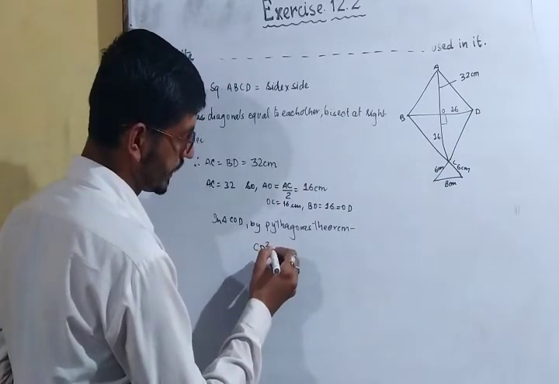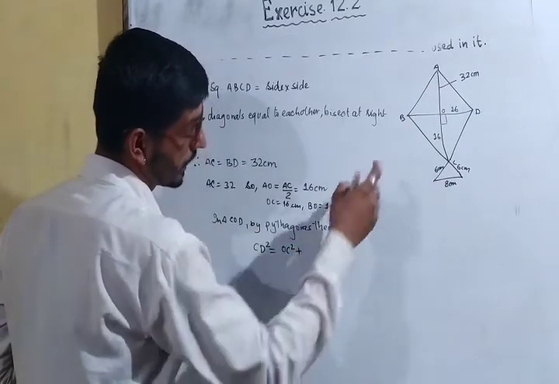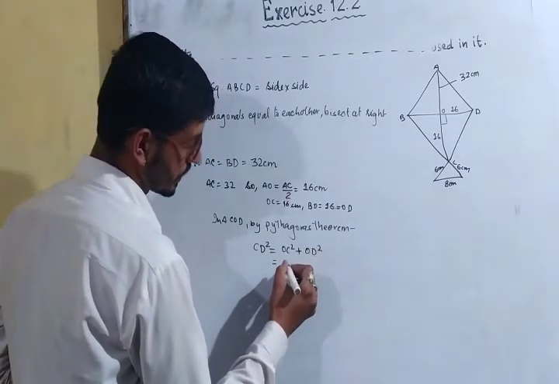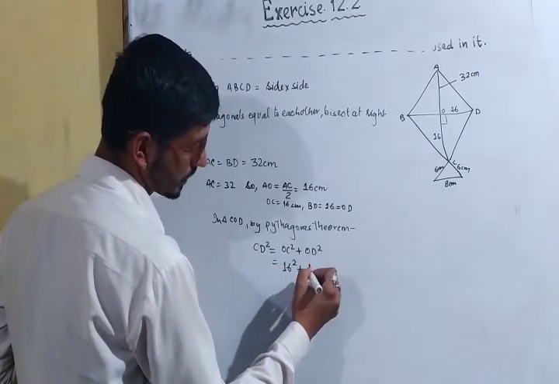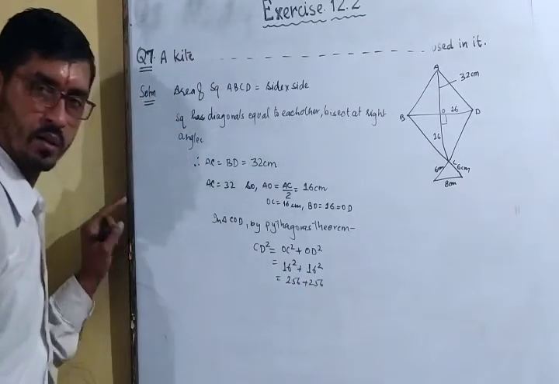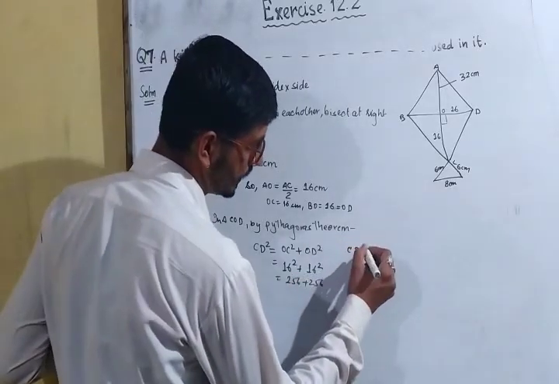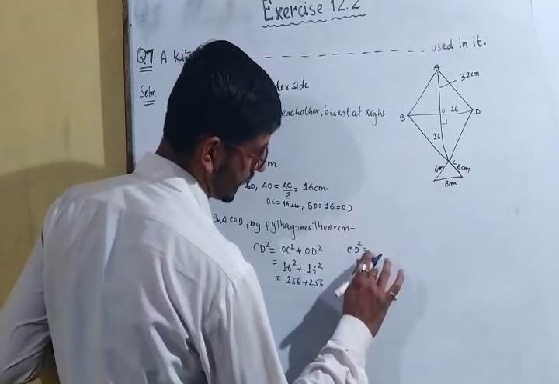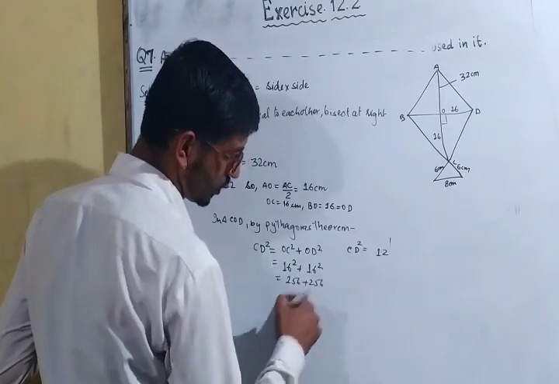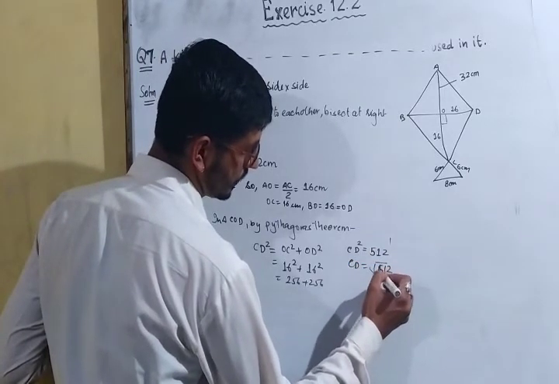So the square of CD is always equal to, this is perpendicular, the square of OC plus the square of OD. Okay, OC square is equal to the square of 16 plus OD square, the square of 16 again. 256 plus 256. The square of 16 is 256. So CD square is equal to 512. So CD is coming out to be the under root of 512.